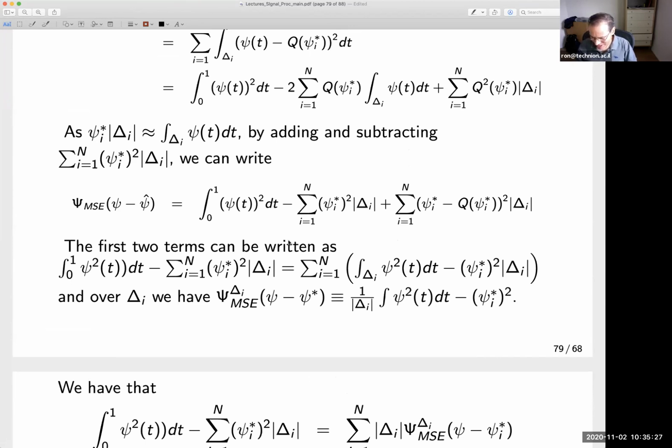So this is how we define the MSE, with summations.